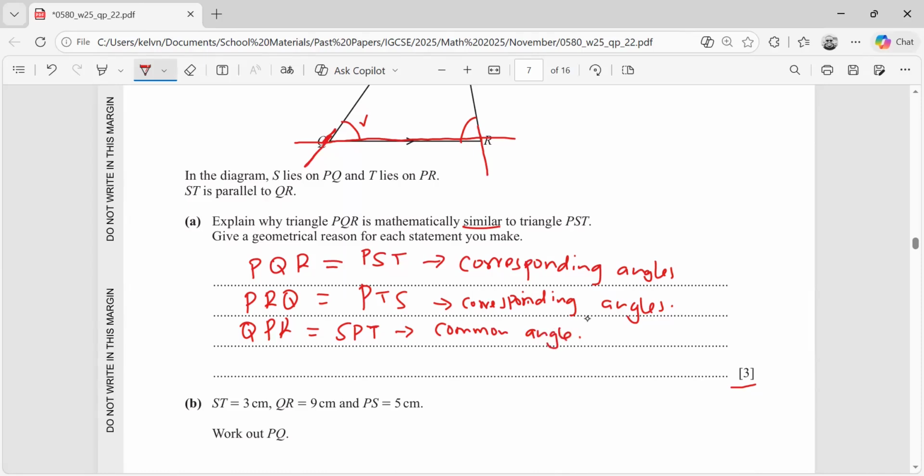So they share a common angle. And these are the 3 reasons that make this mathematically similar.